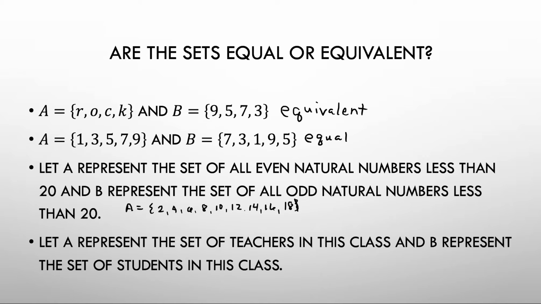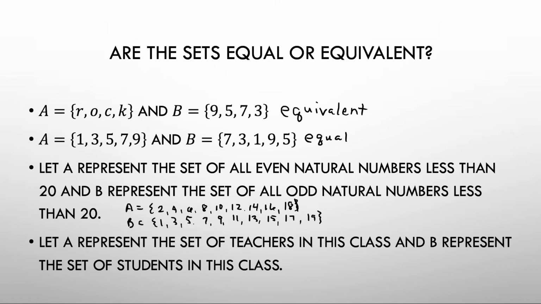And it says B is going to represent the set of odd natural numbers less than 20. So set B is going to have the numbers 1, 3, 5, 7, 9, 11, 13, 15, 17, and 19.